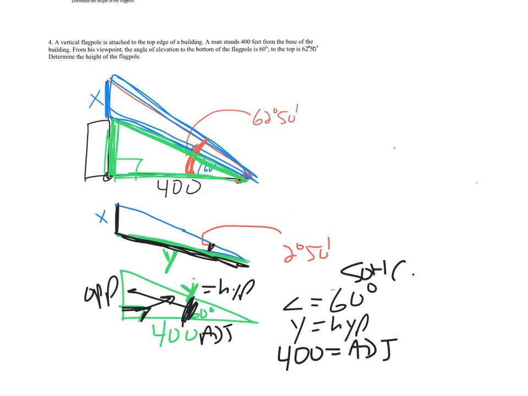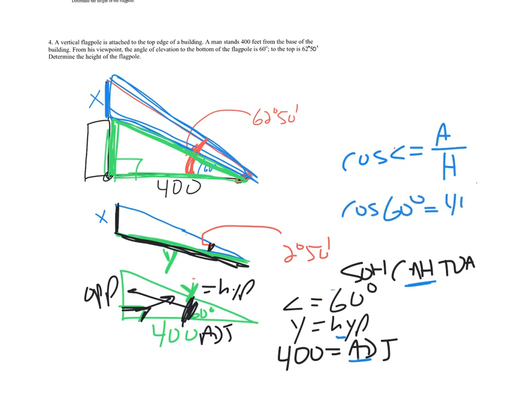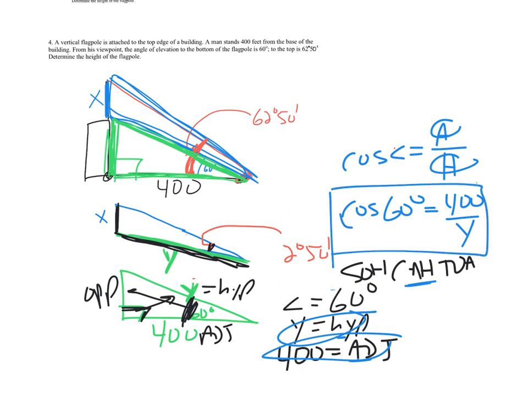If I write out SOHCAHTOA, this is going to be an example of cosine because I have the A and the H. So I know the cosine of an angle equals adjacent over hypotenuse. So the cosine of 60 equals 400, that's the adjacent, over the hypotenuse, which is y. So I'm going to solve this equation for y to figure out the hypotenuse of the right triangle, which is also the bottom portion of this skinny little triangle that I need to use to solve for x.